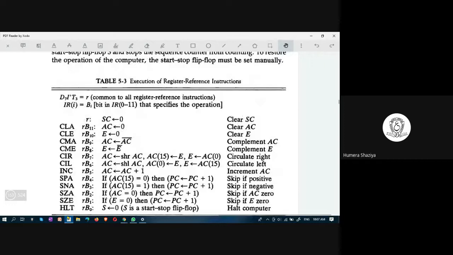What is I dash? How do you distinguish different types of instructions, whether it is memory reference or register reference?